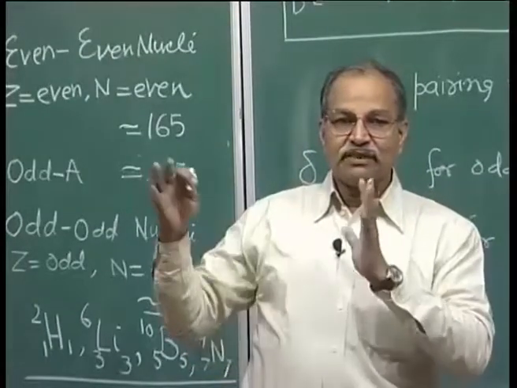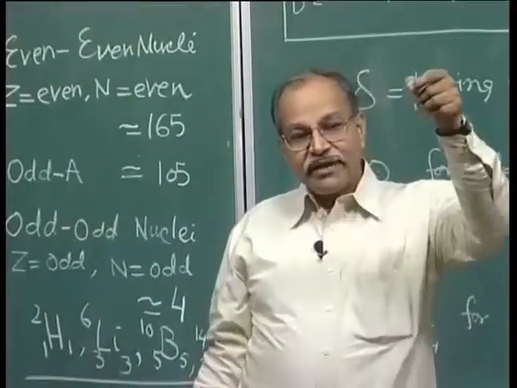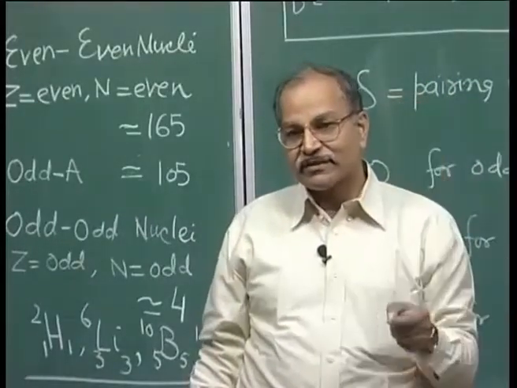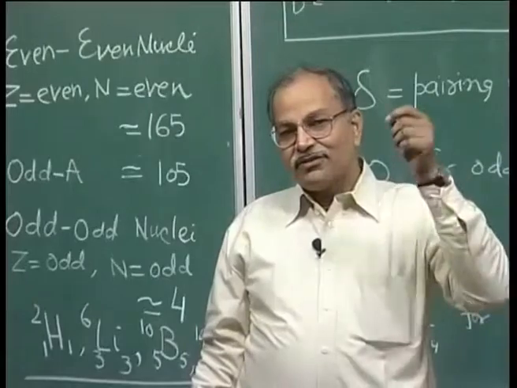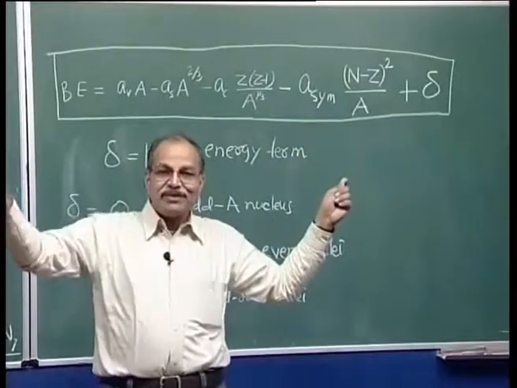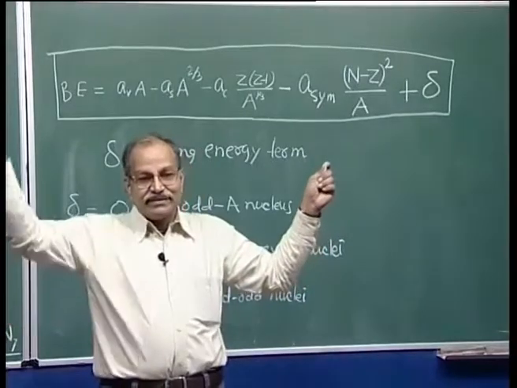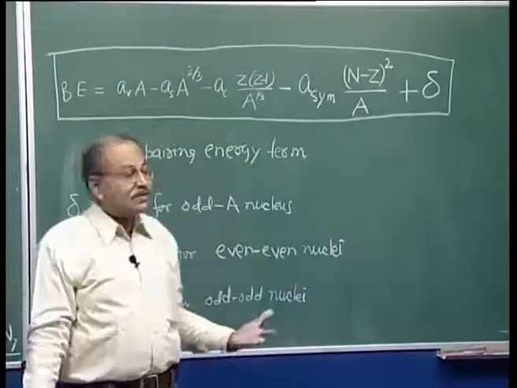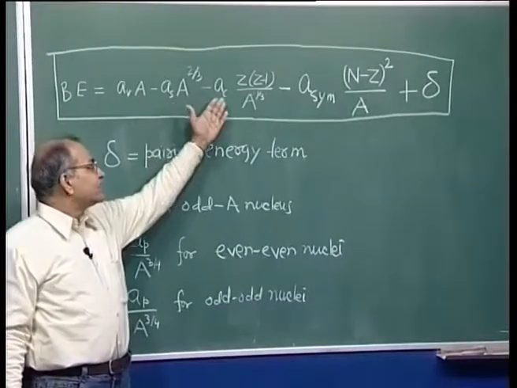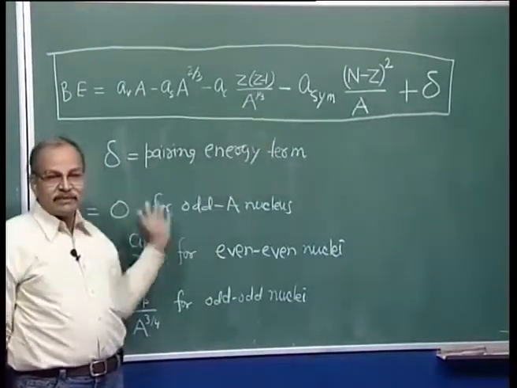So from these measurements one can find those binding energies. These are the experimentally available data, and then you adjust these constants so that experimentally measured binding energies can be reproduced. That is how you fix the values of AV, AS, AC, ASIM and this AP.